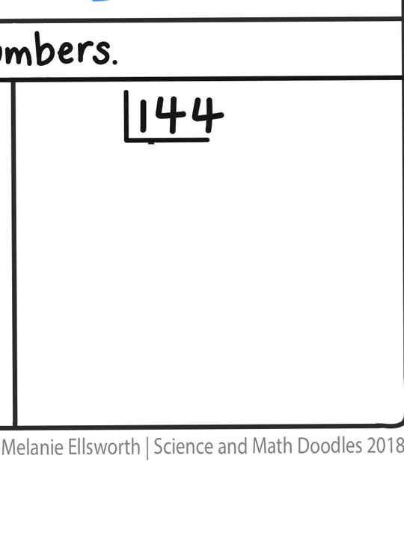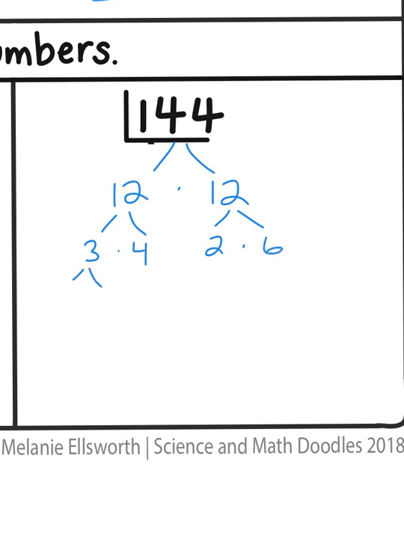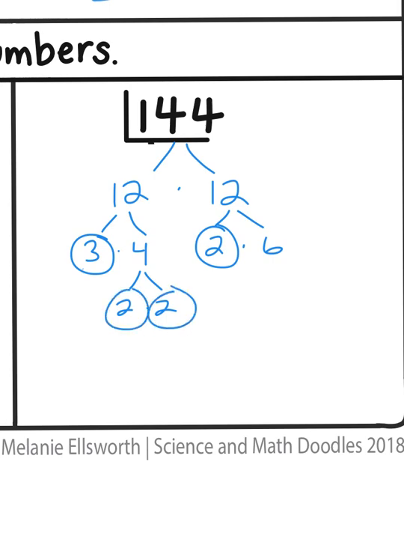All right, 144, 12 times 12. Each 12 can break into 3 and 4, or if you wanted to, you could do 2 and 6. 3 is prime, so I don't have to go any further, but 4 becomes 2 times 2. 2 is prime, but 6 can break down into 2 and 3.